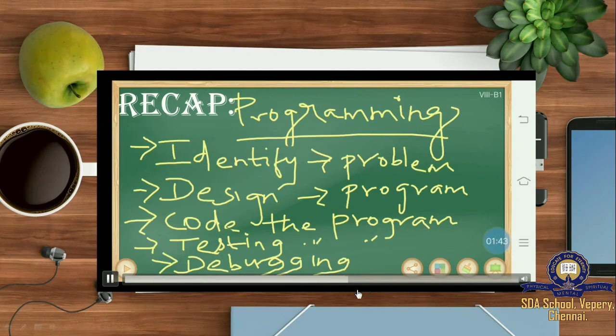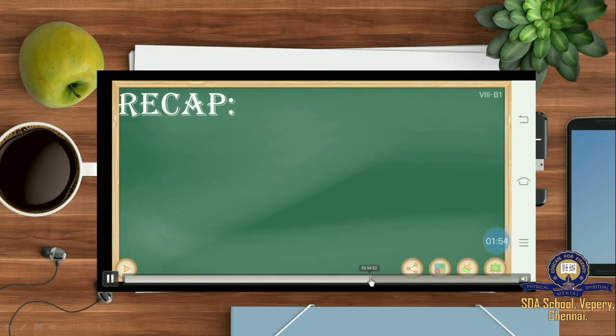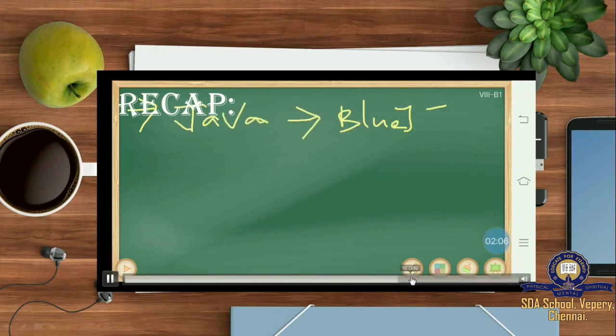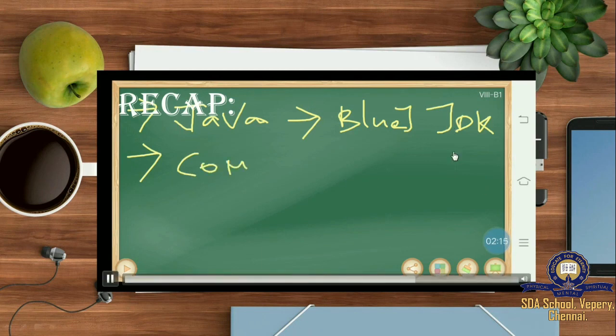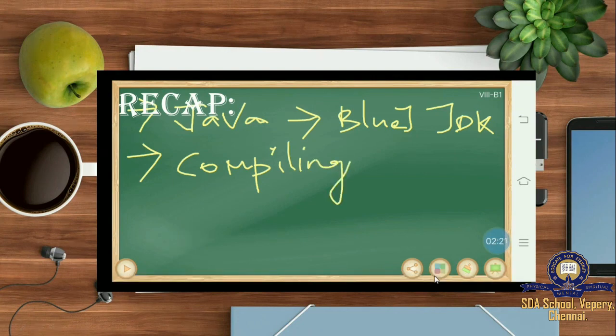And next we saw the introduction to Java, right? We saw the introduction to a Java program, and next the introduction to BlueJ and JDK, the Java Development Kit. After the introduction, we saw compiling and executing a program.